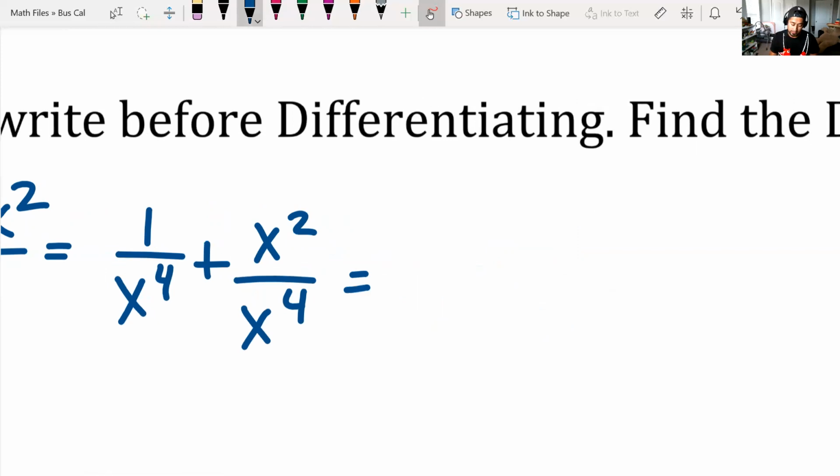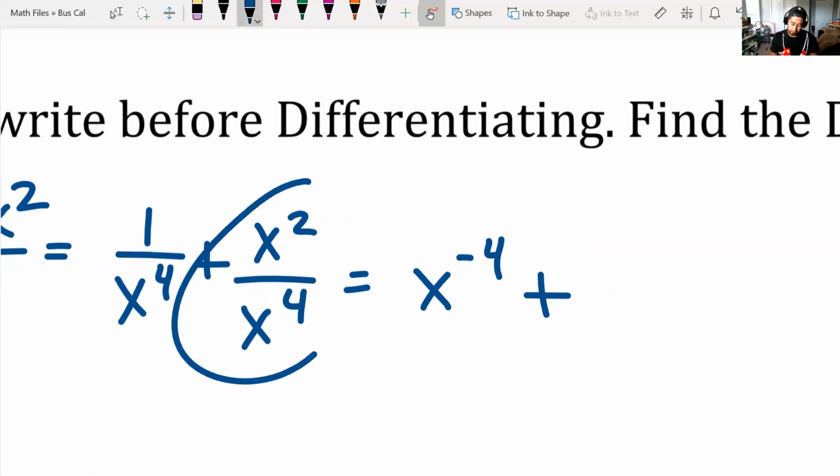First off, 1 over x to the fourth becomes x to the negative fourth. Plus, over here, these are going to reduce.